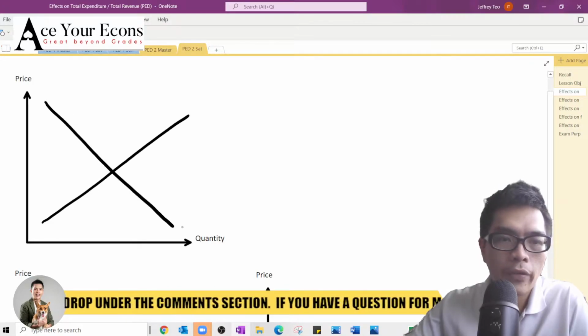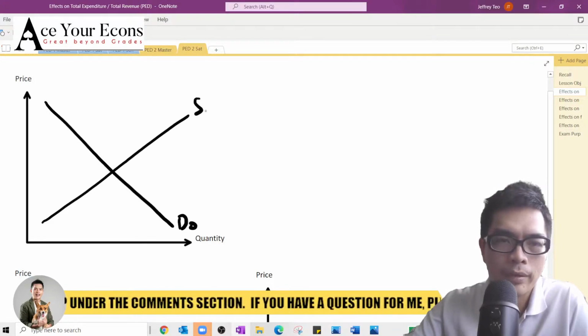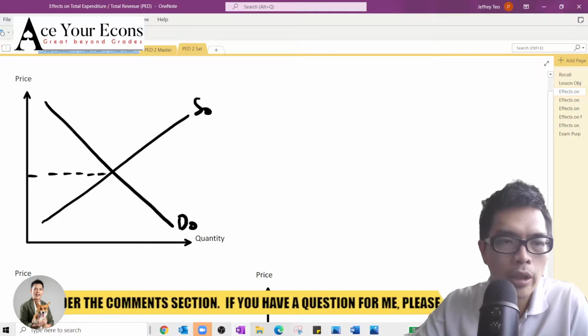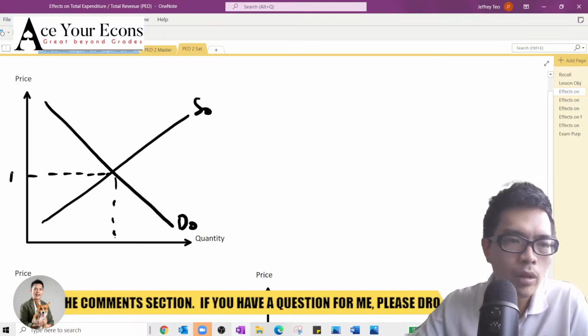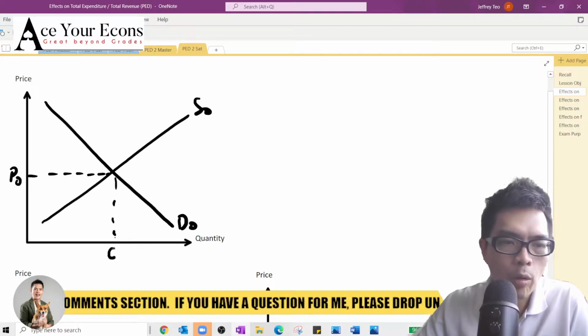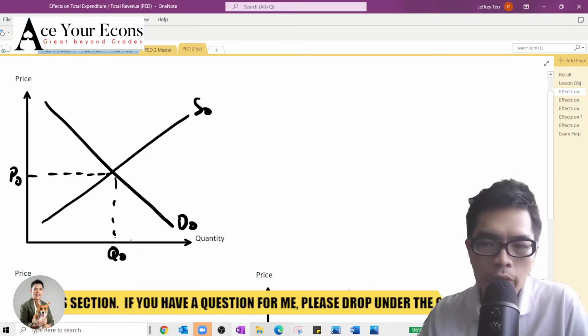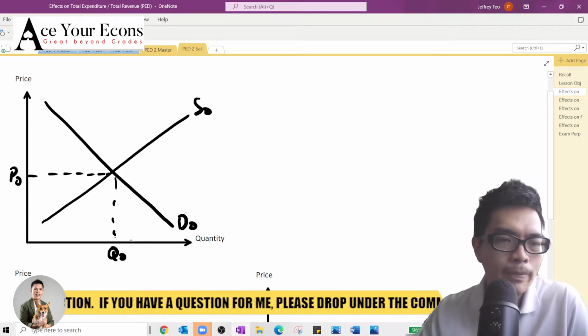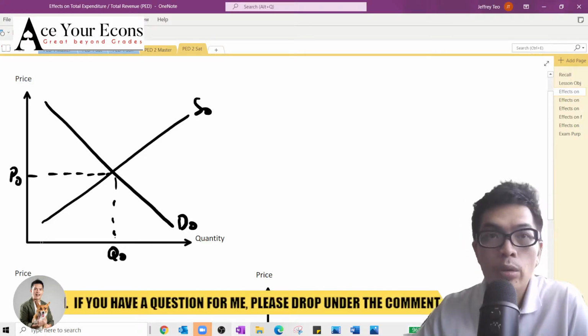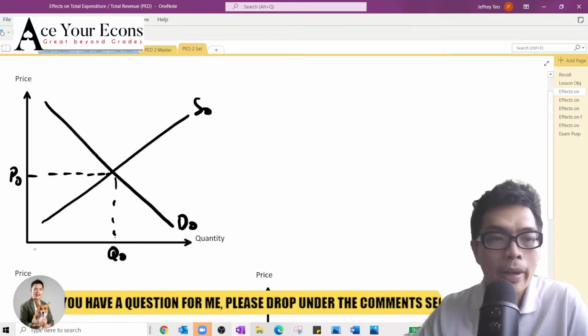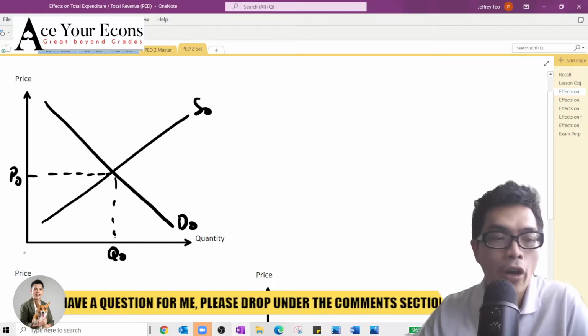So we have your demand and your supply. This is your equilibrium price and quantity. Whenever the question revolves around producer revenue or total expenditure, we need to be mindful. We need to identify the 4 points.